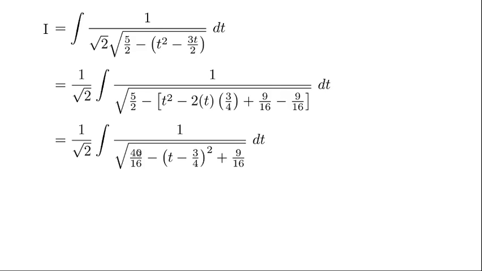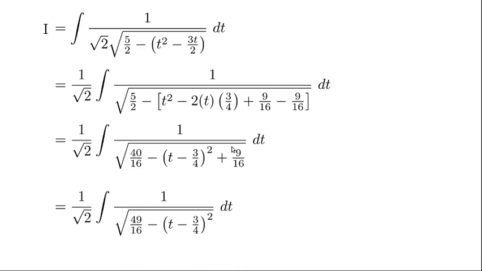So 5 by 2 is written as 40 by 16, so that you can add these two easily directly. And that becomes 1 by root 2 integration of 1 upon root of 49 by 16 minus t minus 3 by 4 whole square. So this is in the form of 1 upon root of a square minus x square.